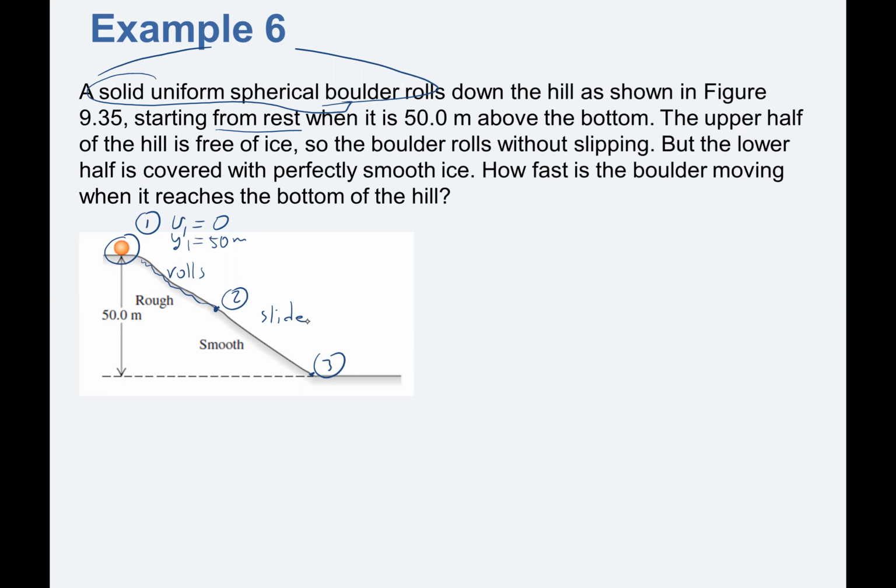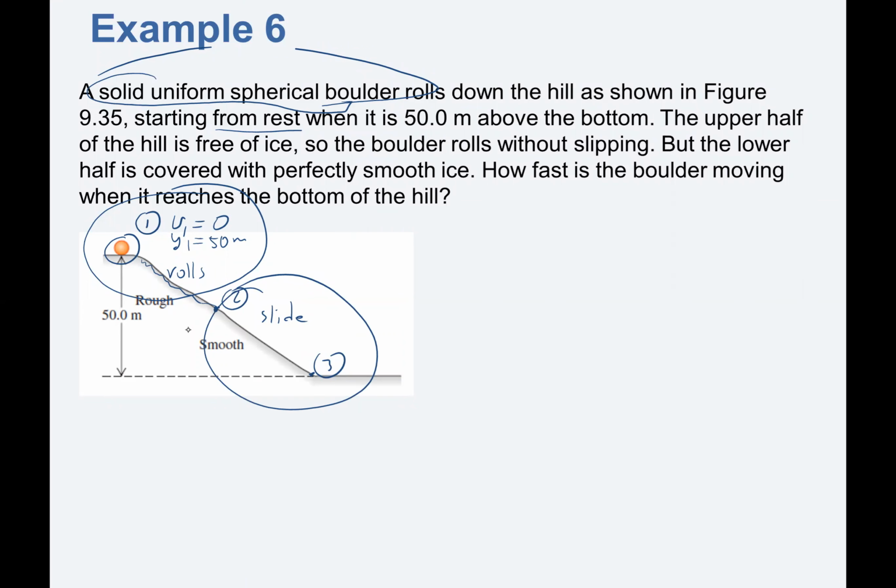Now, what is the difference between going from 1 to 2 and from 2 to 3? Well, the kinetic energy going from 1 to 2 has a rotational part as well. Going from 2 to 3, there is no rotational kinetic energy because it's not rolling. That means we have to break it down into going from 1 to 2, then going from 2 to 3.